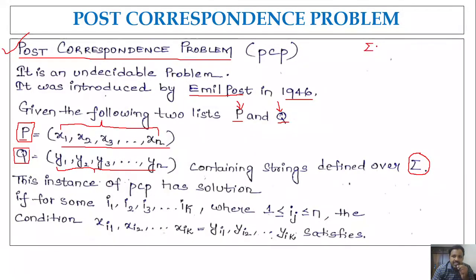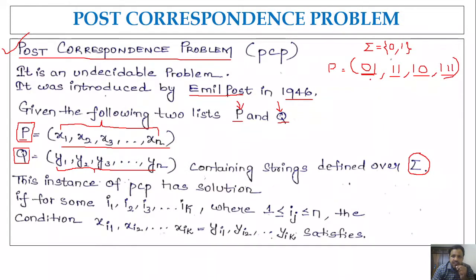Let me explain with one example. Here I have the alphabet set sigma equal to {0, 1}. I have a list P consisting of a sequence of strings: 01, 11, 10, and 111. So I have four strings: first one 01, next one 11, next one 10, and the last one 111.